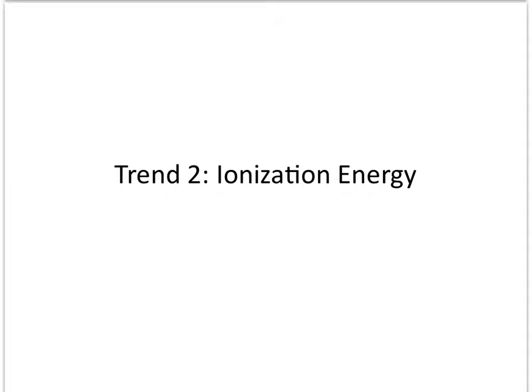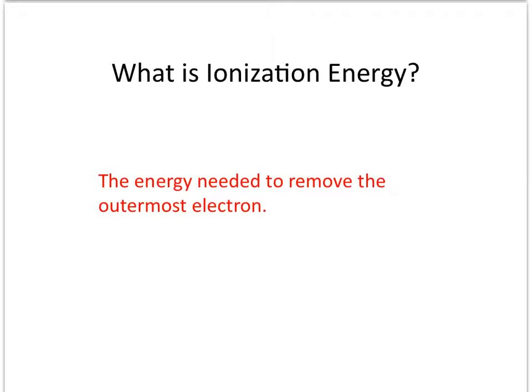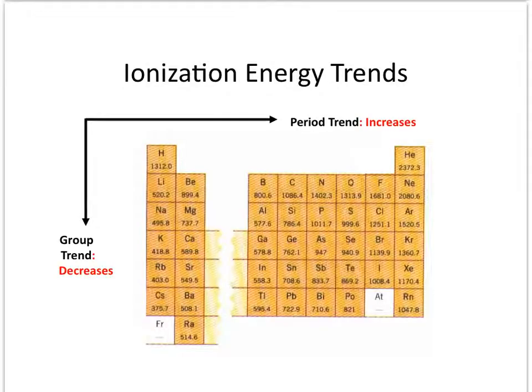Alright, second trend, ionization energy. Ionization energy is the energy required to remove the outermost electron from an atom in gaseous state. If we take a look at the periodic table here with the values of ionization energy, and once again we look going across, you can see that generally the values are increasing.